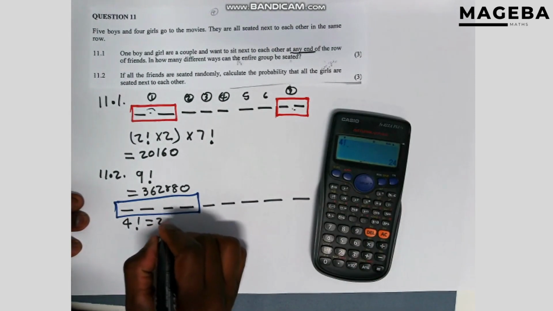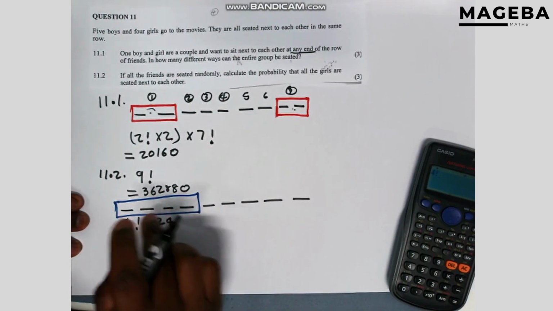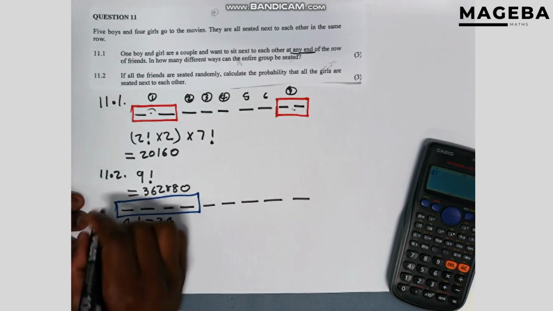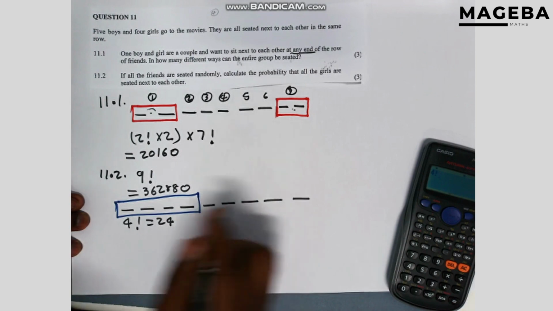We get 24. Now if we count here, remember when we count this box, we count this box as an individual, and we also count the other boys as individuals.